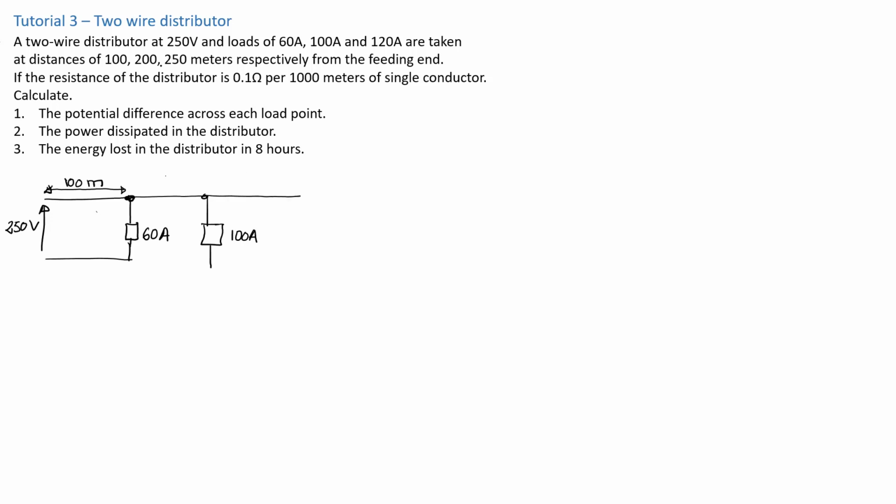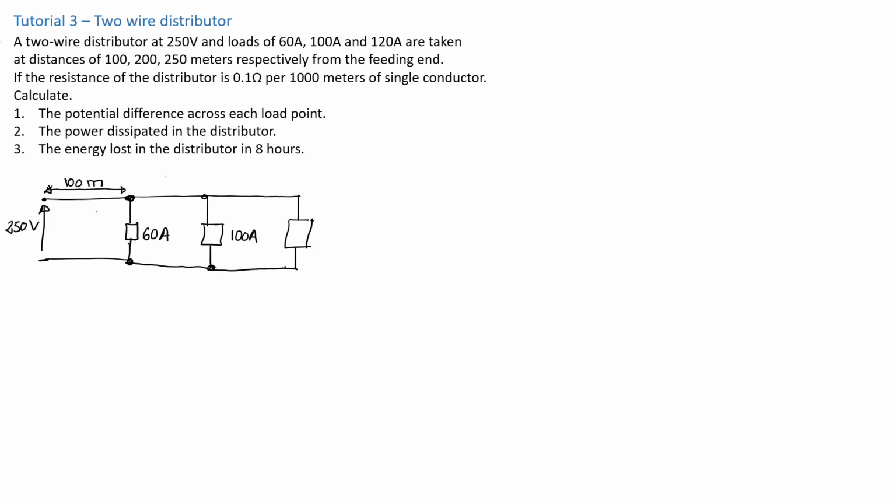Then at 250 meters, which means just an extra 50 meters, because remember, this distance is from the feeding point. That basically means from this point here. So at 250 meters, I've got another load. I'm just going to draw that load again, and I'm going to close my circuit.